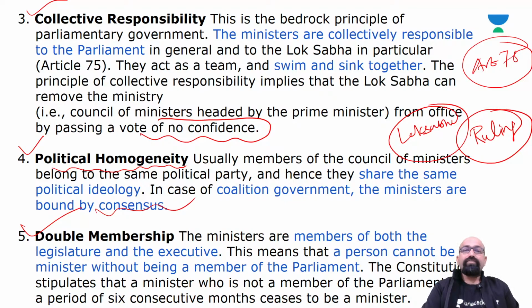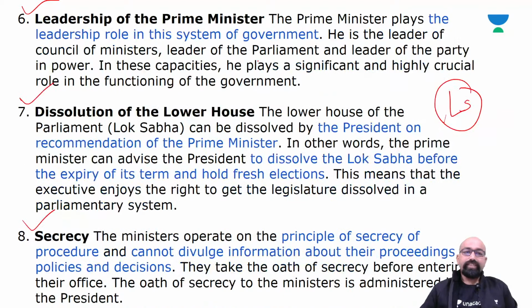Yes. So where relevance of Article 75, we have seen collective responsibility, political homogeneity, and double membership, members of both the legislature and the executive.